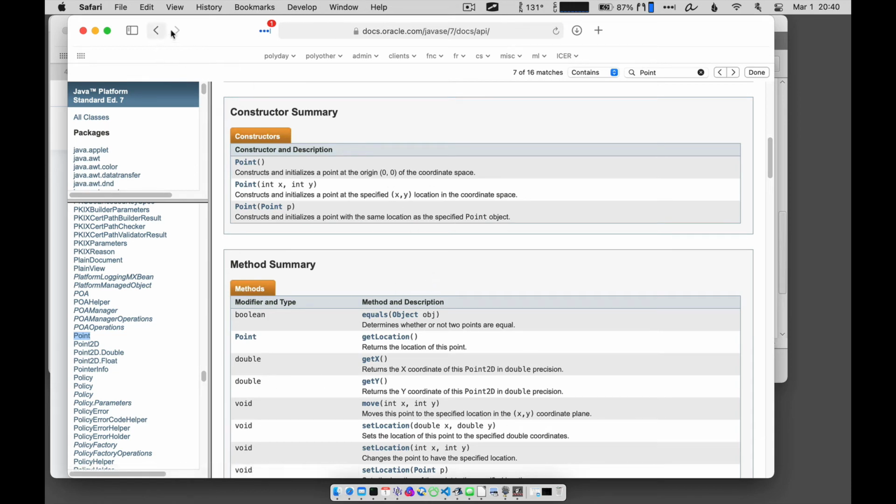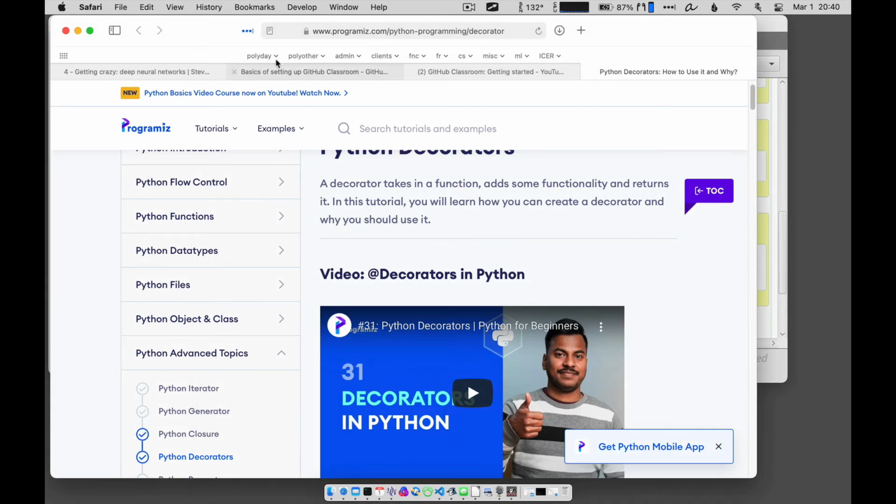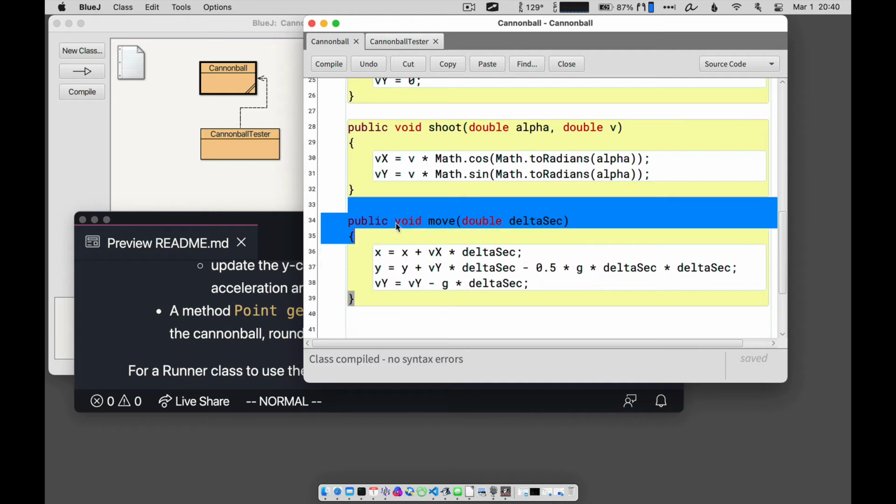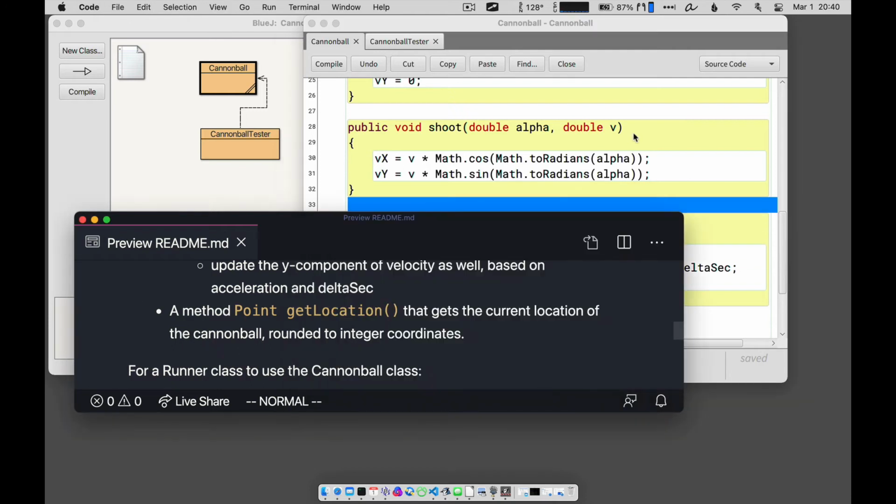So it looks like the whole idea with this point here is that I want to be able to get the location and return two values, the X and Y coordinates. And ordinarily, I can't do that. I can't send back two values. You can only send back one value. But if it's a point object, then it's a class that has those two values encapsulated in it. That's pretty sweet.